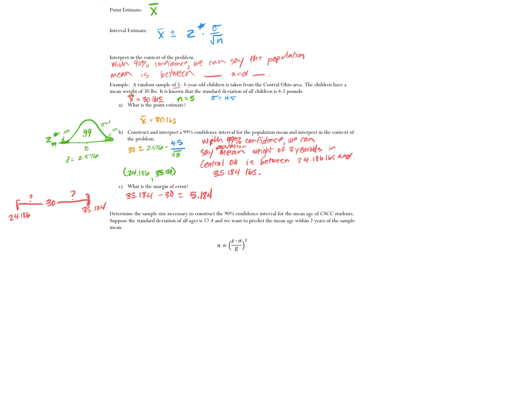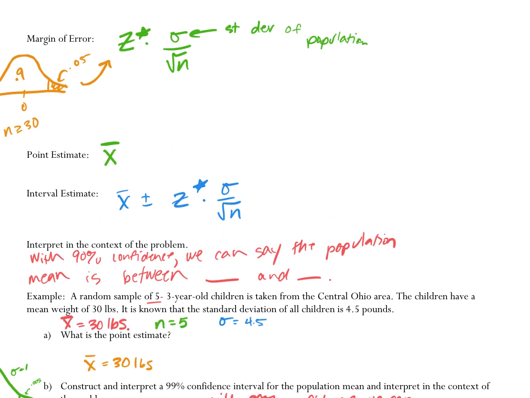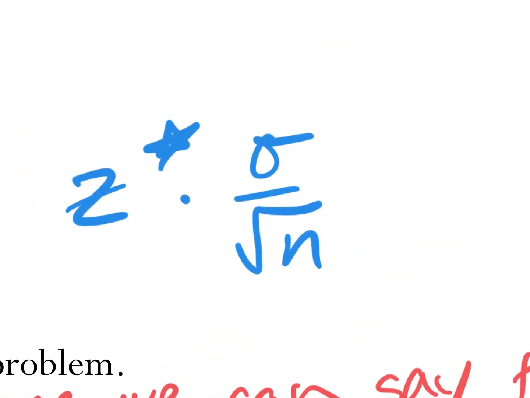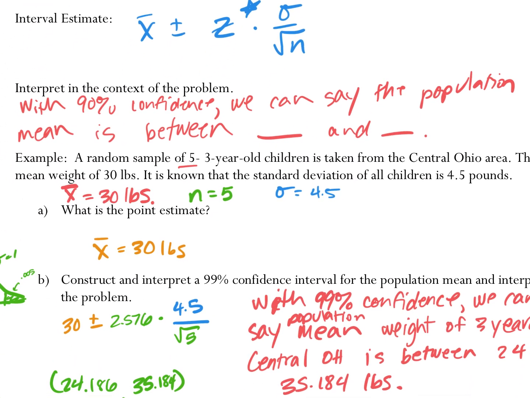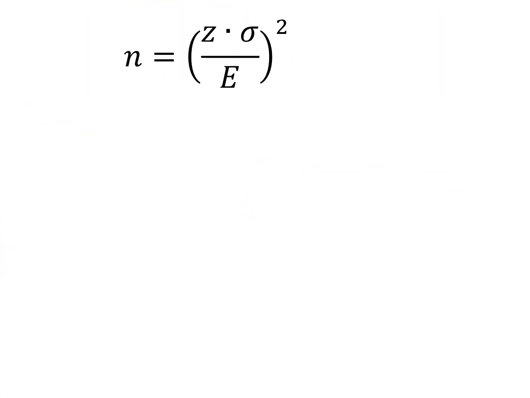Because my margin of error has a different formula now, calculating sample size has a different formula. This formula is on your formula sheet. So what you will need to be able to do is, as you start to think things through, decide: am I going after a mean, or a standard deviation, or a proportion?